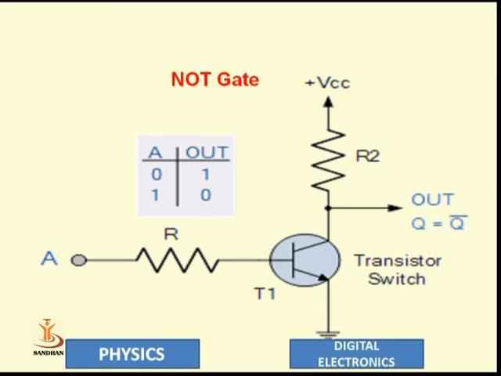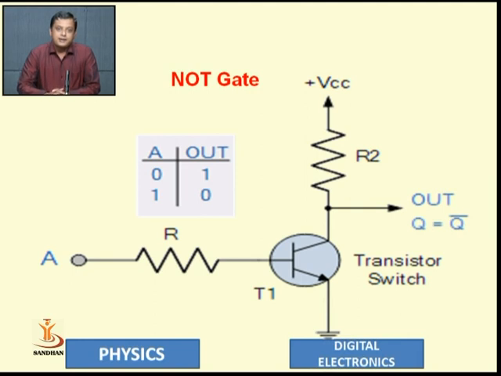This is the NOT gate. The third gate is the NOT gate. NOT gate means one input and one output. A NOT gate is constructed with the help of one transistor, one or more resistors, and one power supply.